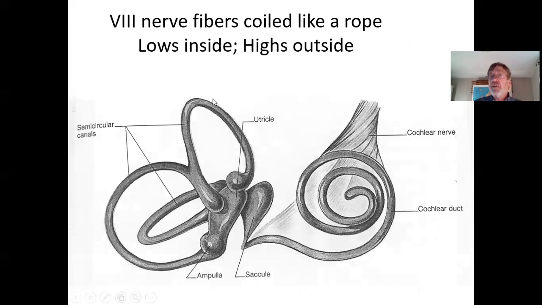Look at the 8th nerve. It's a bipolar nerve. Each one of these neurons has a cell body, a long axon going to the brain stem, and then a rather short axon going to the hair cells.